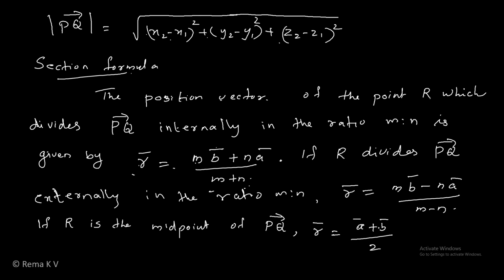It is vector a plus vector b by 2. m is to n becomes 1 is to 1. 1 into b plus 1 into a by 1 plus 1. That is a plus b by 2.